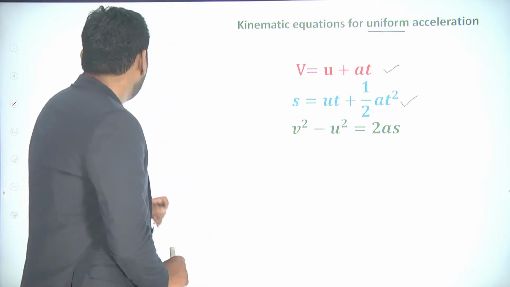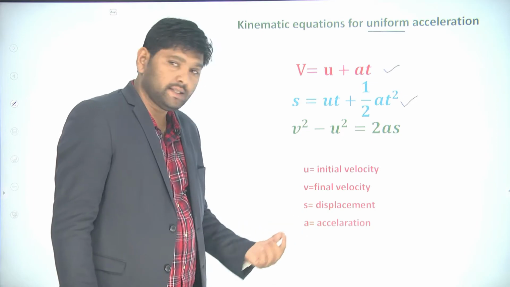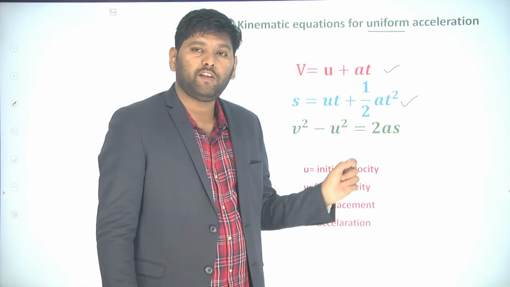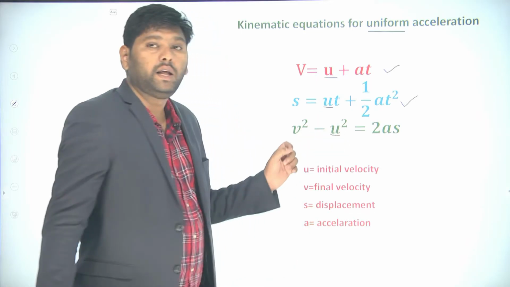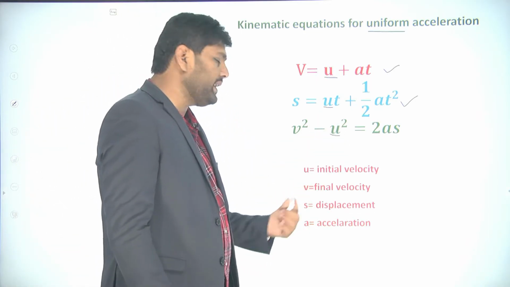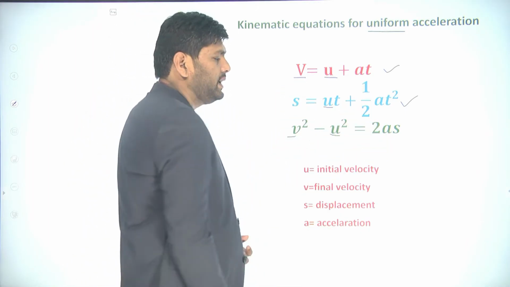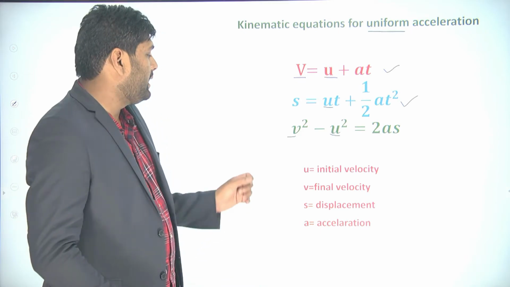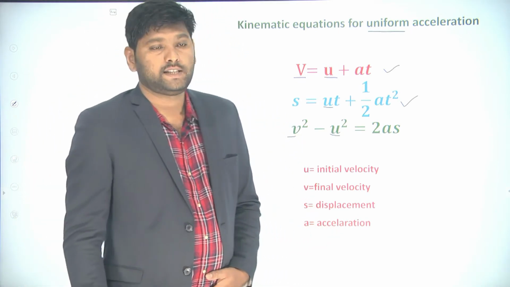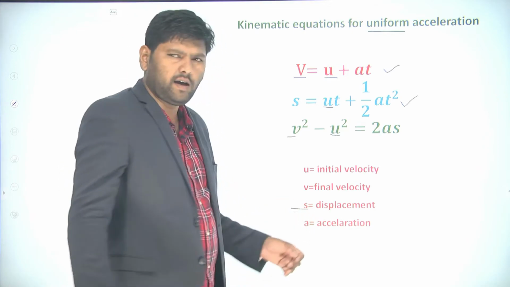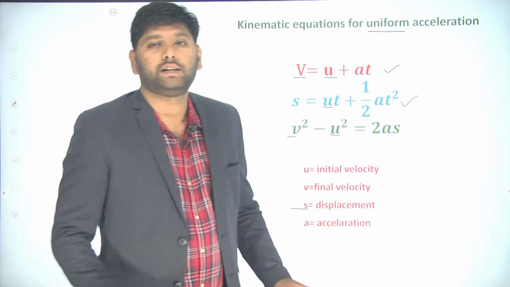Here, what is u, what is v, what is s, what is a? u means initial velocity. v is the final velocity. s is displacement, or sometimes we can take distance also. And a is acceleration.